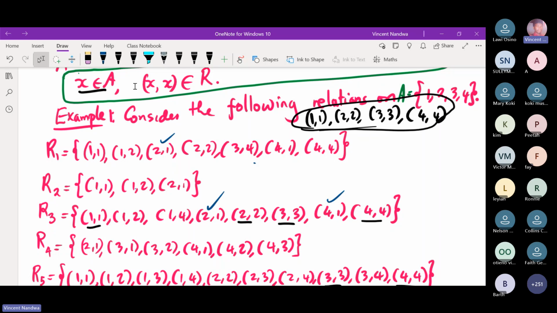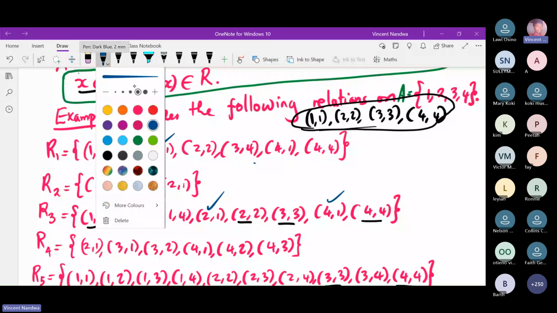So the easiest way to classify the relation in terms of antisymmetric or not antisymmetric is simply to check. This is the simplest test.